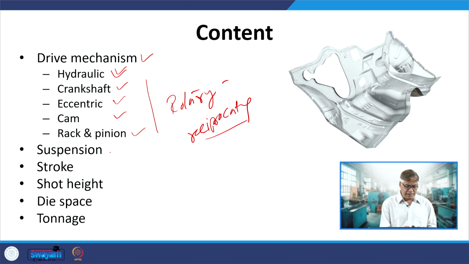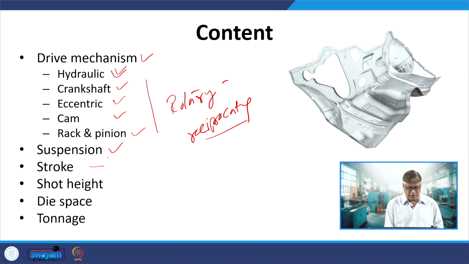Then suspension is another aspect. Suspension is about how the ram is suspended from the mechanisms delivering the power to the ram, like it is suspended from one point or two points with the help of suitable connecting rods, or from 4 points. So, 1 point, 2 point or 4 point suspension systems are there.